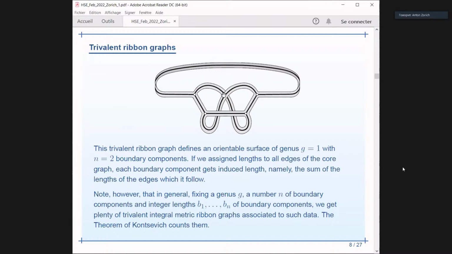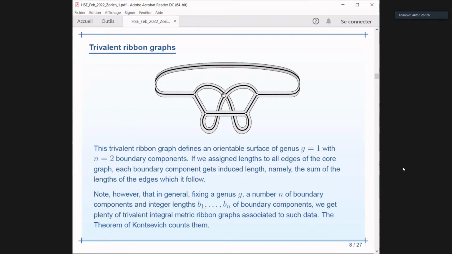And now I can state the counting problem. Fix the genus of the surface which corresponds to the ribbon graph. Fix the number of components. And let's count how many, and fix the lengths of boundary components. When you fix the length of the boundary component, it does not mean that you know the length of individual edges.